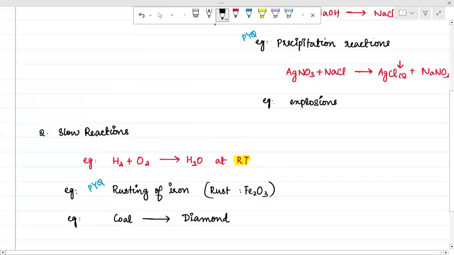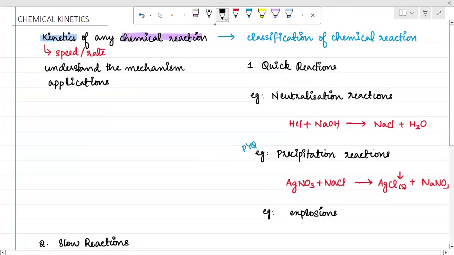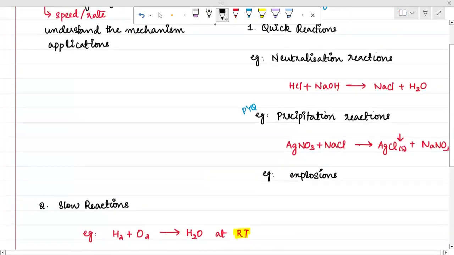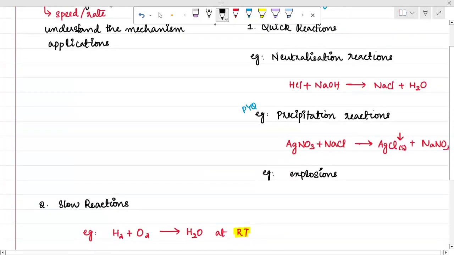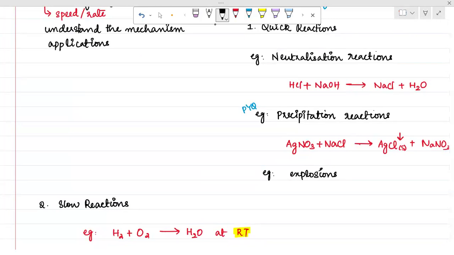So, whether it is a quick reaction or a slow reaction, we cannot determine the kinetics of these two types of reactions using the principles that we are going to learn. I repeat, these two, quick and slow, meaning very fast and very slow reactions.